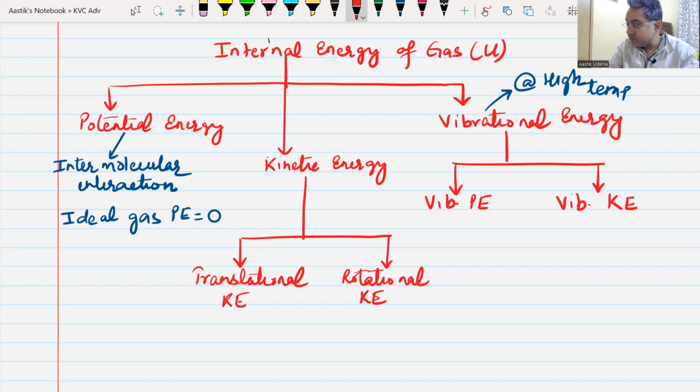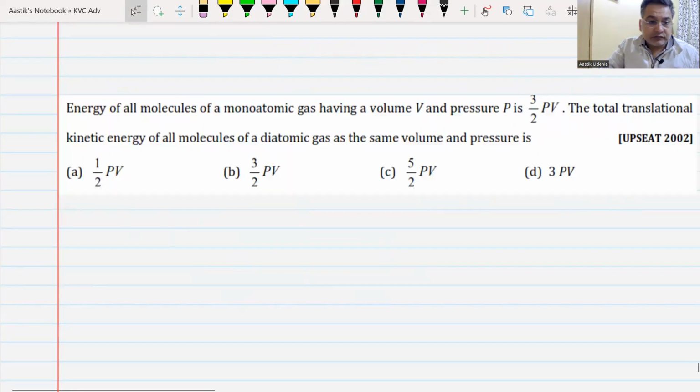Then let me give you this question. Energy of all molecules of a monatomic gas at pressure P, volume V is 3 by 2 PV.